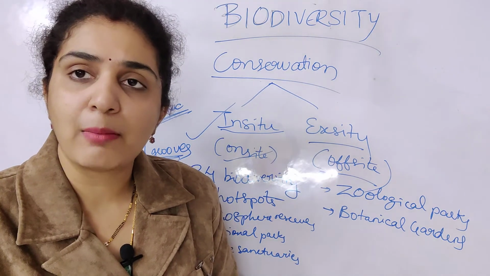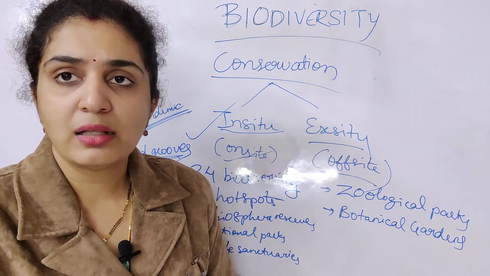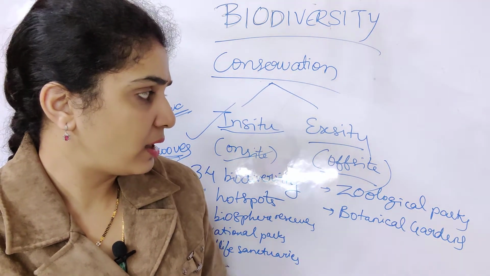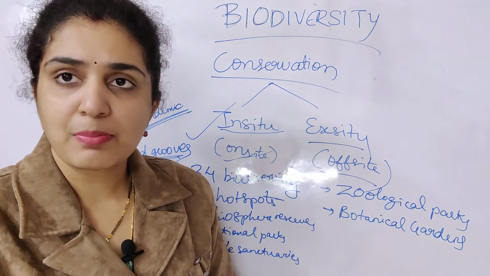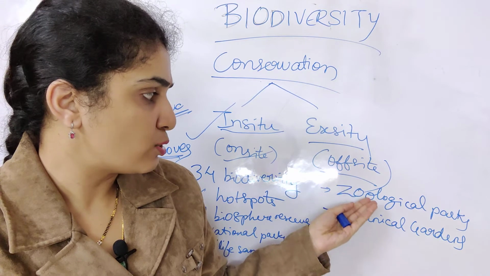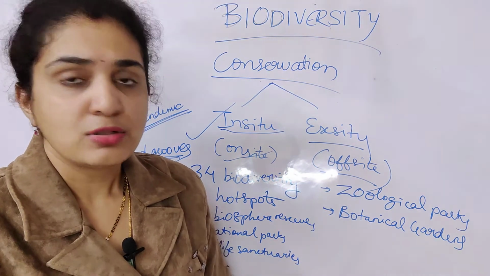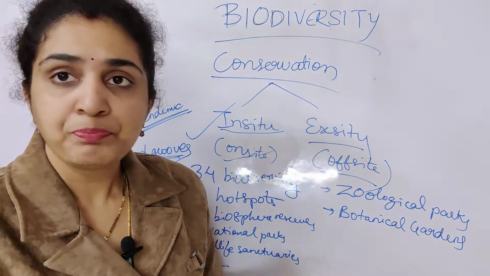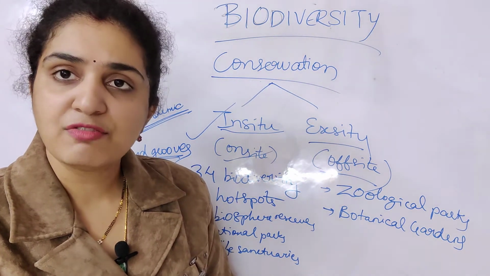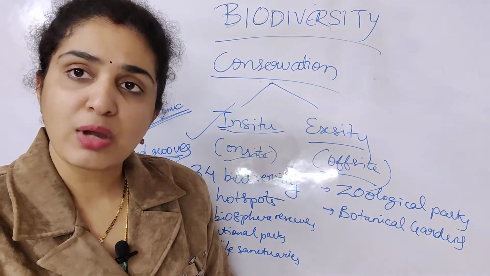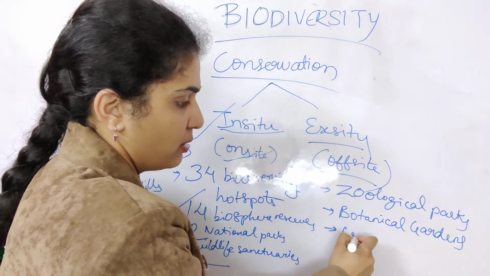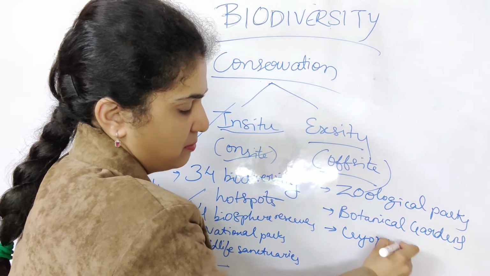They are tested in the laboratory and kept in the lab. When they are put in the lab, the gametes are preserved and so the species are preserved. This is called ex situ or off-site conservation, associated with cryopreservation techniques. These are the main differences between in situ and ex situ preservation. Cryopreservation is included under ex situ conservation.